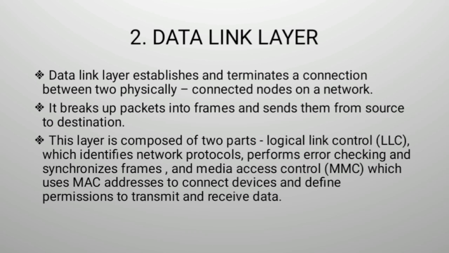Second, the data link layer. The data link layer establishes and terminates a connection between two physically connected nodes on a network. It breaks up packets into frames and sends them from source to destination.